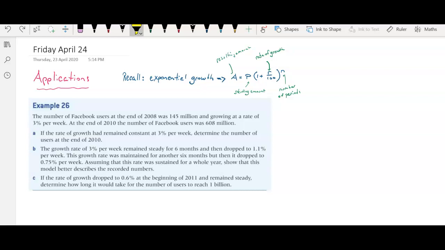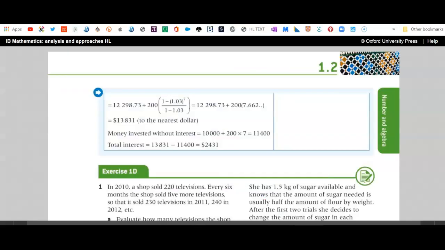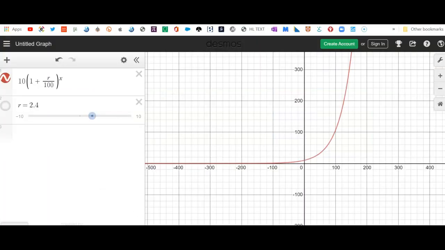And let's see if I can bring up a little Desmos graph of it. So this is where R is set. This is a starting amount of 10, and R is set at 2.4% at the moment. So you can see as R increases, we get steeper and steeper.